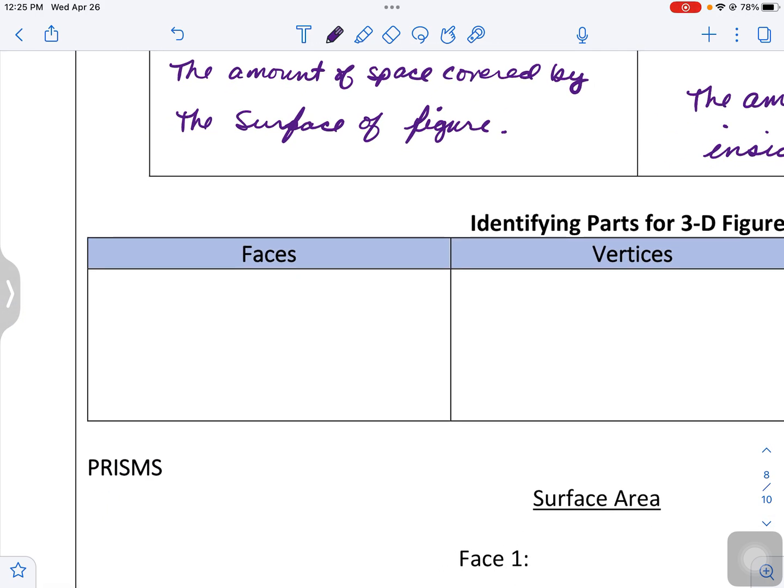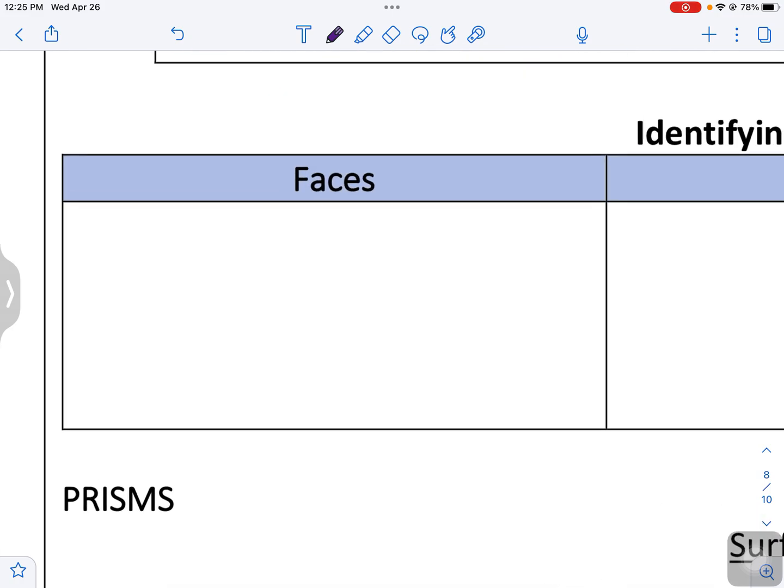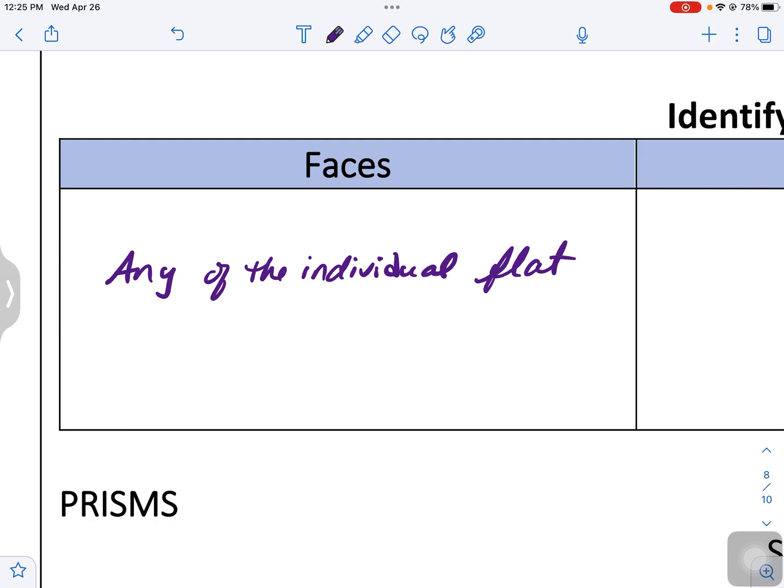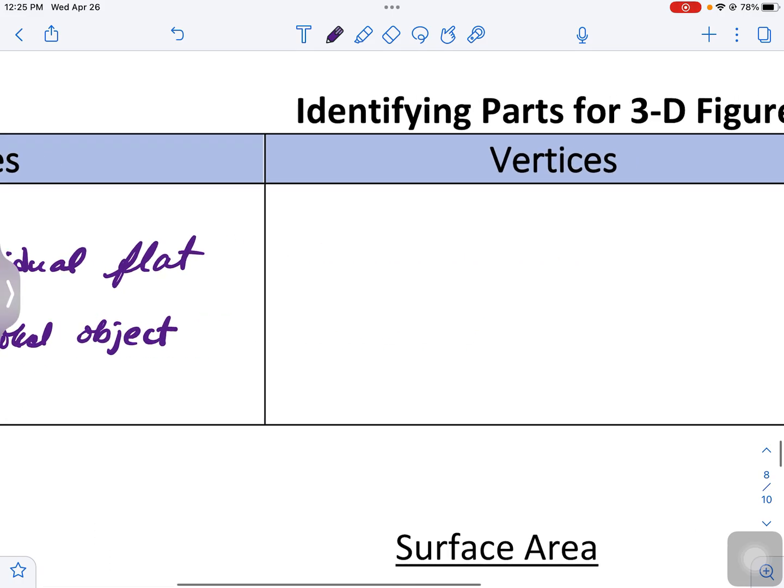So there's parts of a figure that you should know about. Faces. A face is any of the individual flat surfaces of a solid object. Okay.